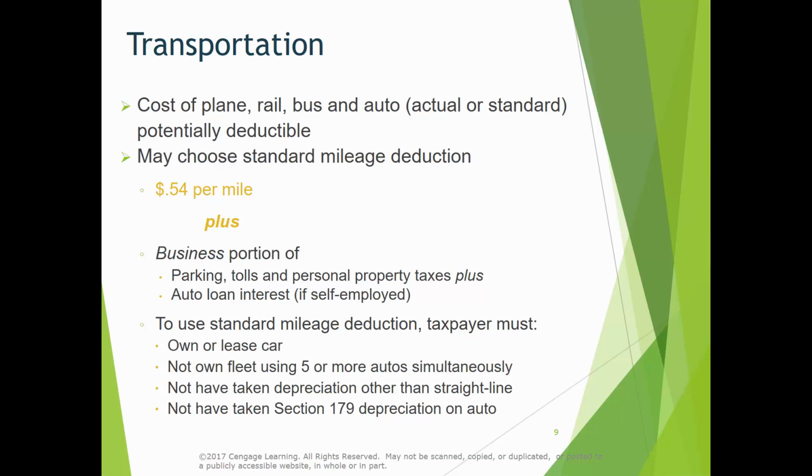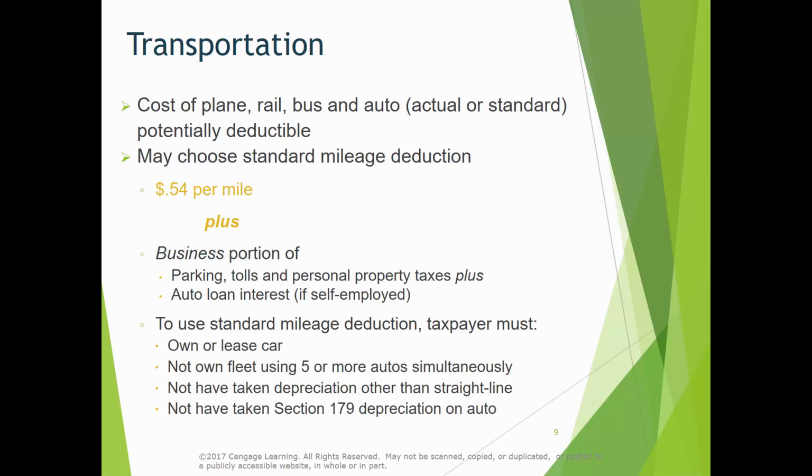Okay? So the way standard works, you get 54 cents, and then she says, well, I spend a lot of time in Seattle, so I've got to park. She gets, in addition to the 54 cents, all of her parking. Any toll she pays is in addition to the 54 cents. And the cost of her license plates on her van is deductible in addition to the 54 cents.